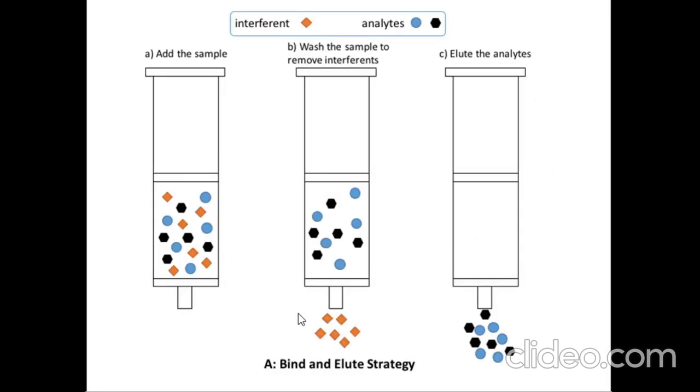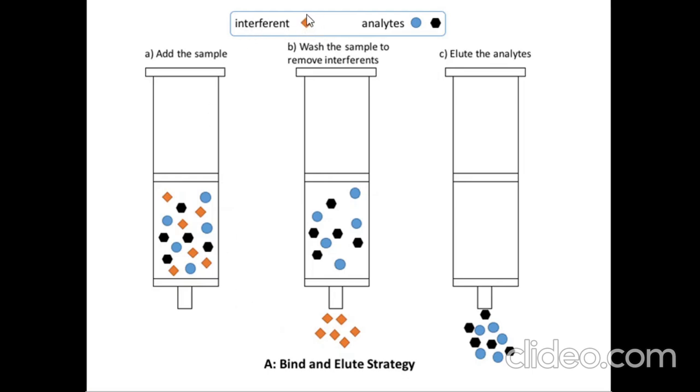Now I said there are two strategies happening in the sorbent bed. Number one, the bind and elute strategy. Number two, the removal or trapping strategy. Now what is the bind and elute strategy?